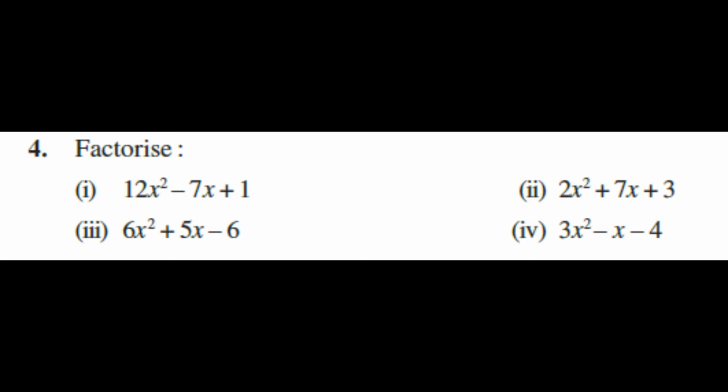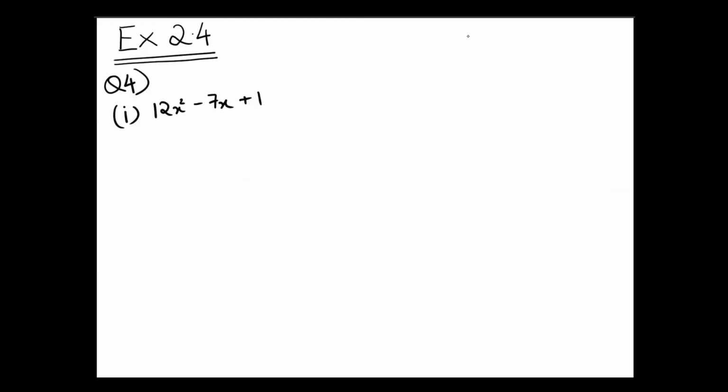Now the fourth question is asking us to factorize the given polynomials. The first part here is 12x square minus 7x plus 1. Now in order to factorize this polynomial, we'll use the method of splitting the middle term.